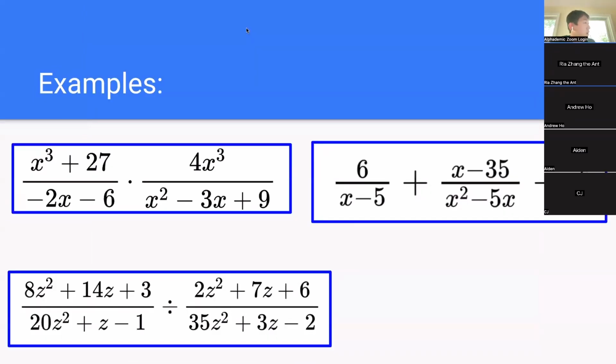All right, so here are a few examples. Let's just take like 5 minutes to work through these. Once you've finished them, just put your answers in the chat box, and then I'll go over them as a class. So just keep in mind when you're doing all of these, to make sure that you put them into the simplest form.